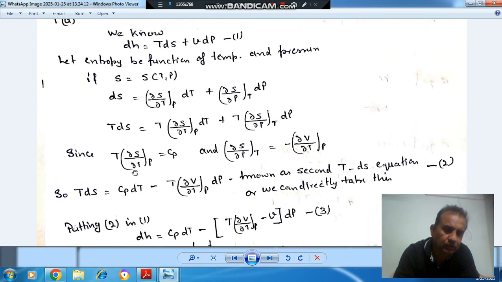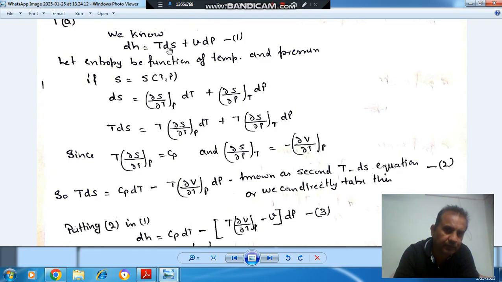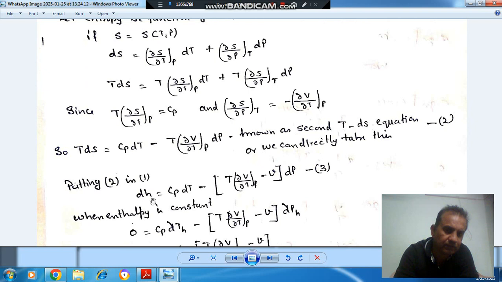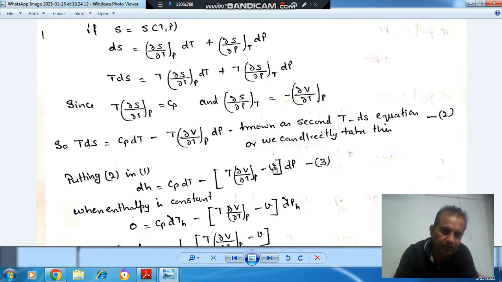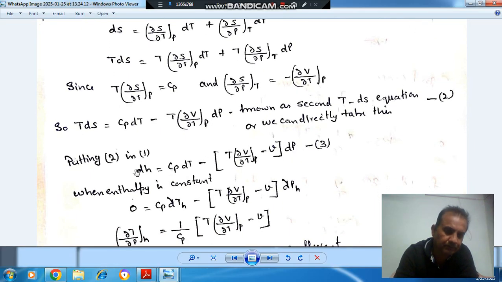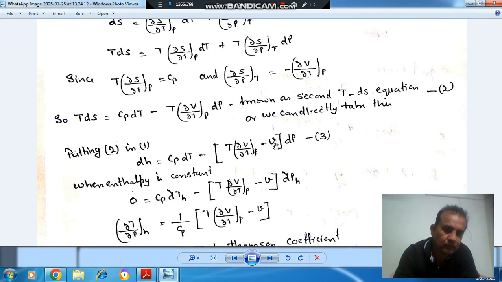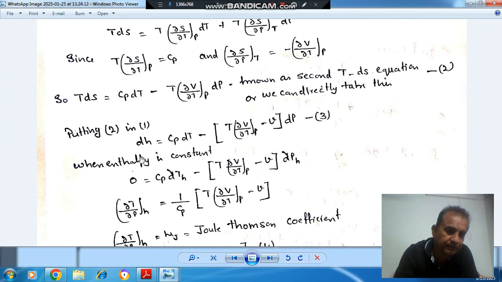This is the second TdS equation, or we can directly remember it and use it in the exam. Now this TdS can be put in equation number 1. Then dH will become Cp dT minus T(∂V/∂T) at constant P dP plus VdP. This is the third equation. Now if enthalpy is constant, dH is 0, so we write dT at H constant.